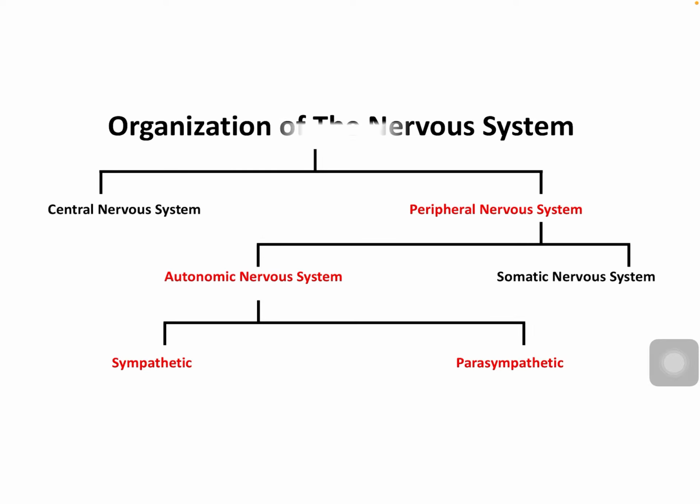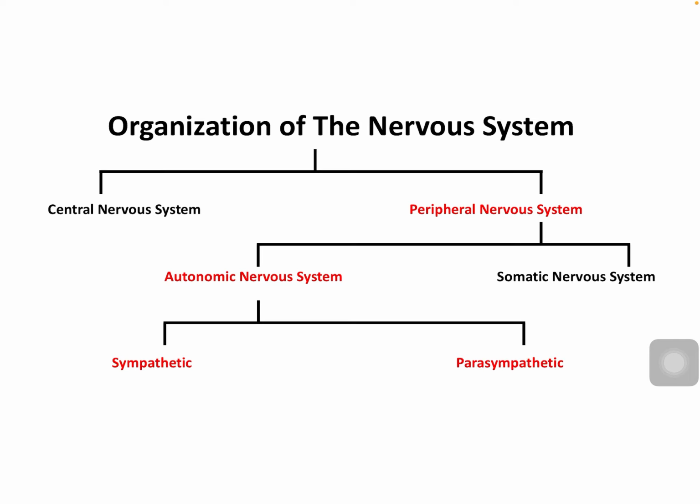This image shows the organization of the nervous system. You can see that the nervous system is divided into two parts: the central nervous system and the peripheral nervous system. The peripheral nervous system itself is divided into two parts: autonomic nervous system and somatic nervous system.